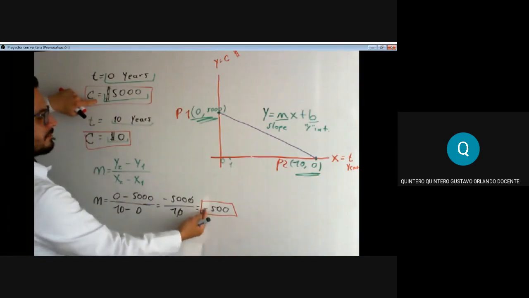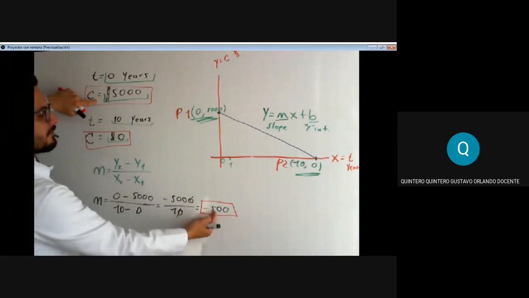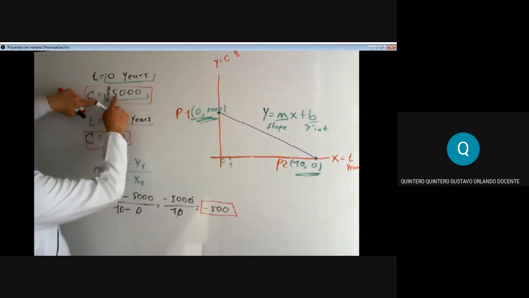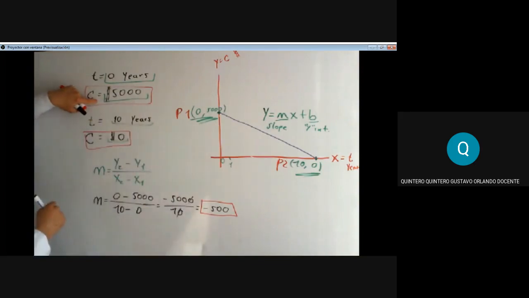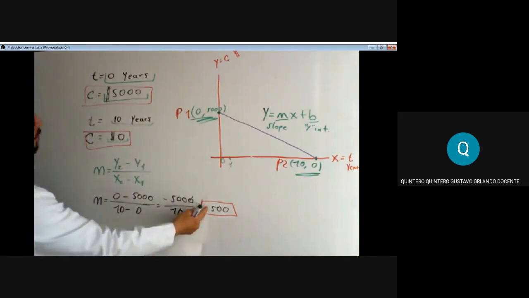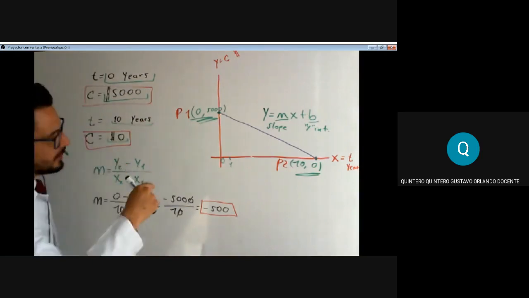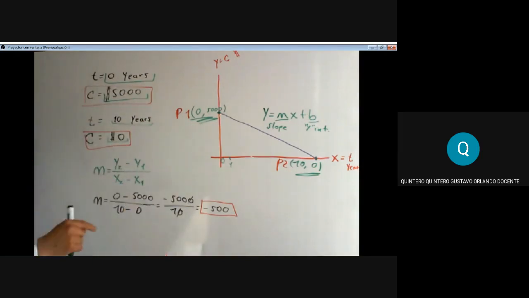Remember, it depreciates by 500 per year. So by year 1, the machine is 500 less than 5,000. In other words, by year 1, the machine will be 4,500. Yes, Daniel Felipe, beautiful. All right, the guy got it, right?